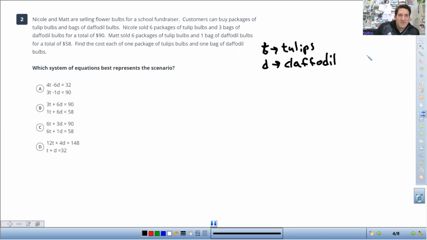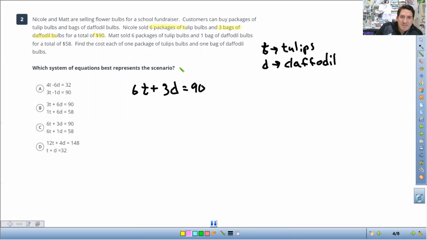Let's pick out the important information. Nicole sold 6 packages of tulips, 3 bags of daffodil bulbs for a total of $90. So 6 tulips plus 3 daffodils, for a total of $90. First equation's done.